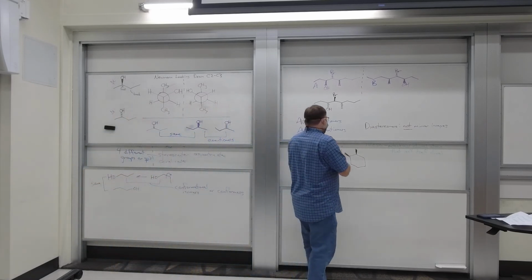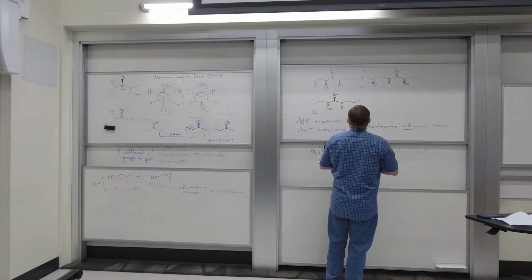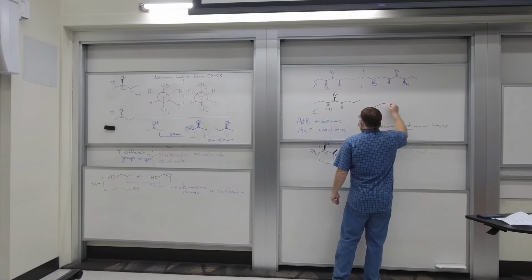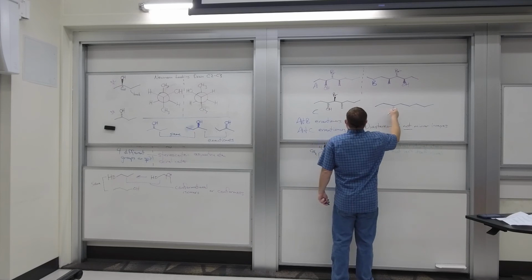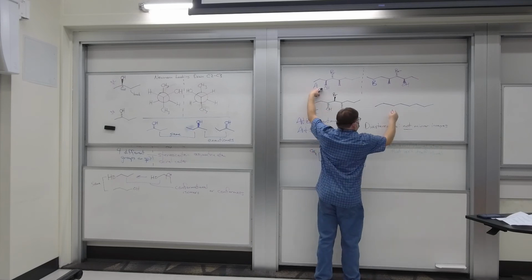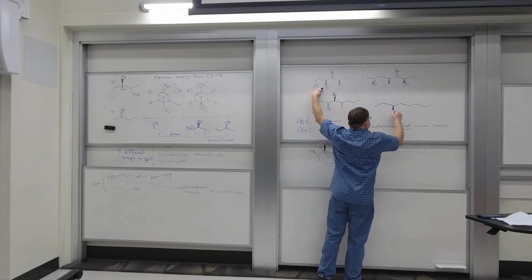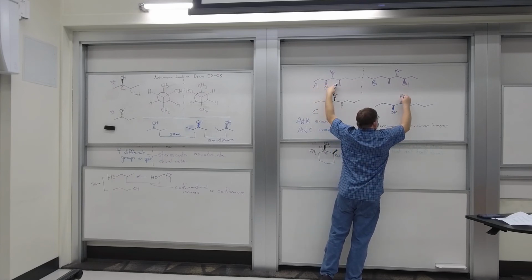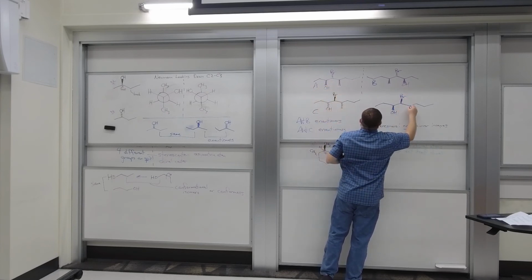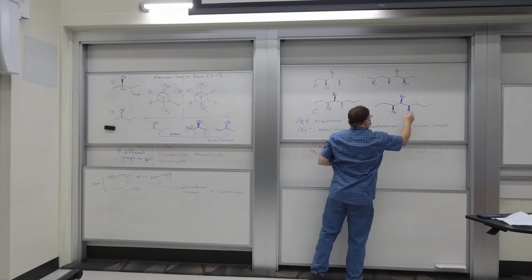So in this case, an example, make sure your carbons are right. All right, so I'm going from A, I'm going to keep the OH the same. I'm going to change the bromine, and I'm going to keep the methyl the same.